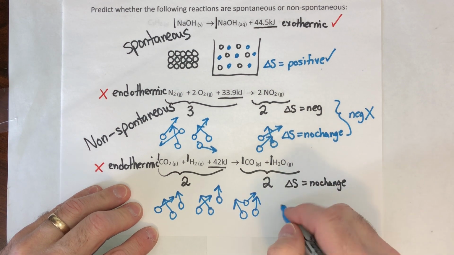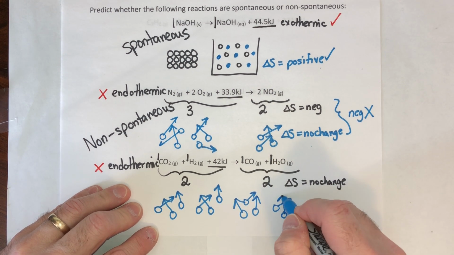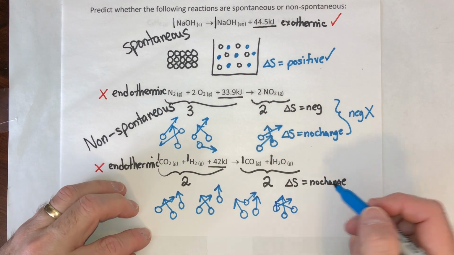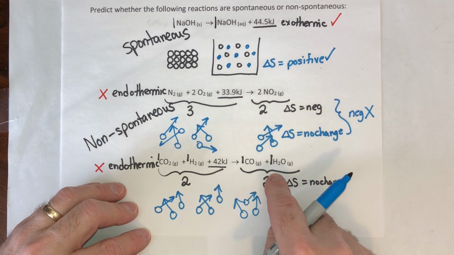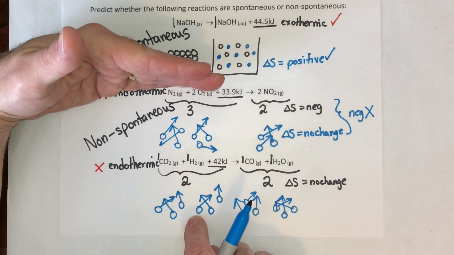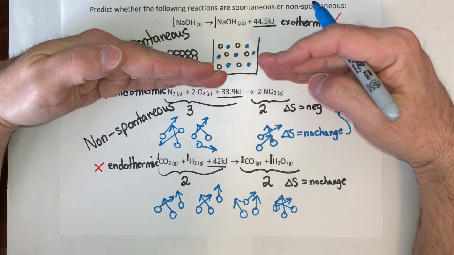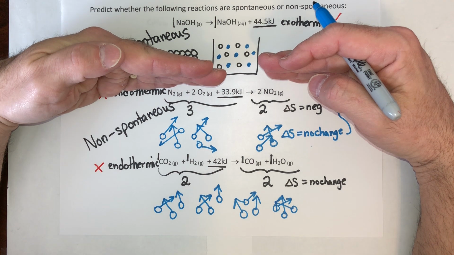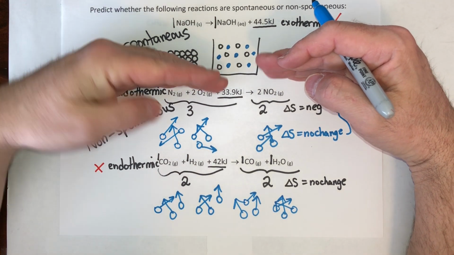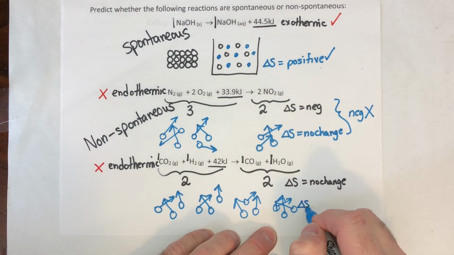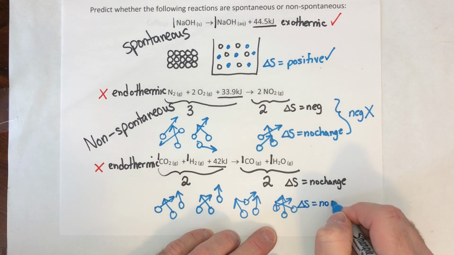And I've got another highly chaotic gas. Right? You're going from gases to gases. Highly chaotic gases at the beginning. Highly chaotic gases at the end. Did that change the amount of disorder? Again, no. So when you look at the phases, again, no change.